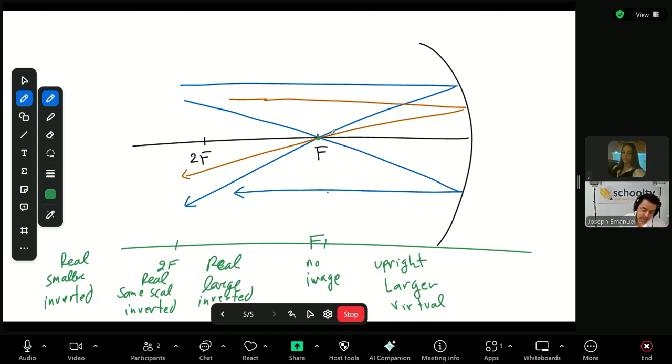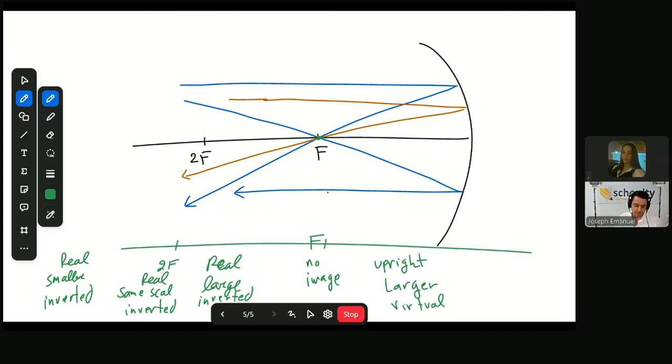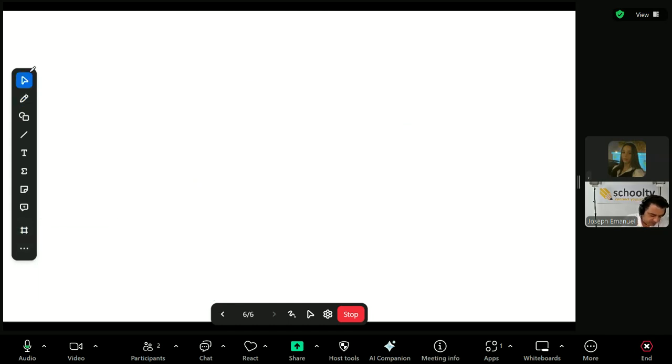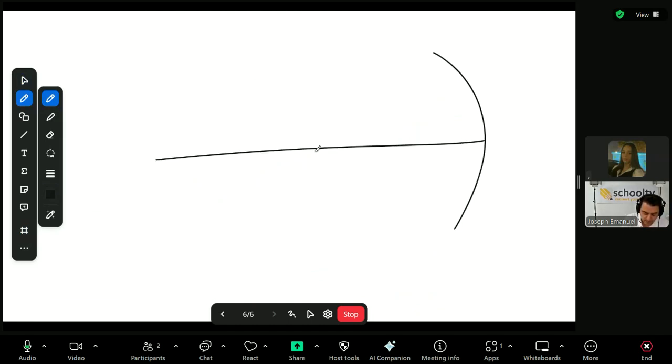You can say also that another way to understand the difference between the mirror and F and after F is that this side is mirrored but this side is not mirrored. So a real image is not a mirrored image. Virtual is a mirrored image, and the real image is upside down. Okay, so let me go again.